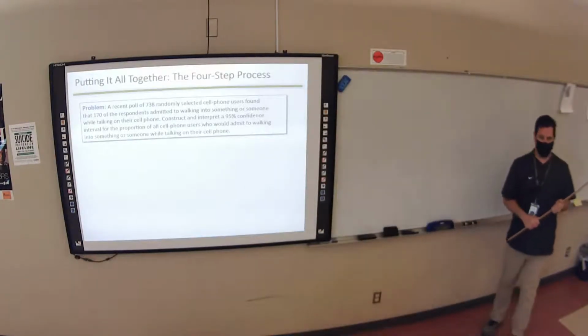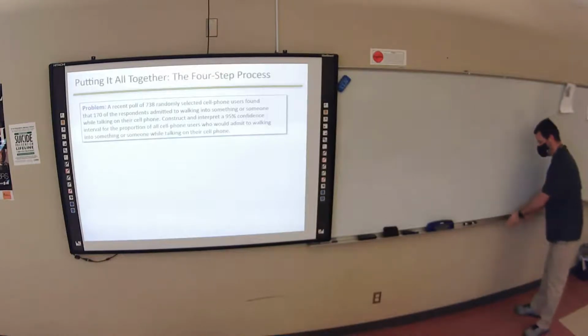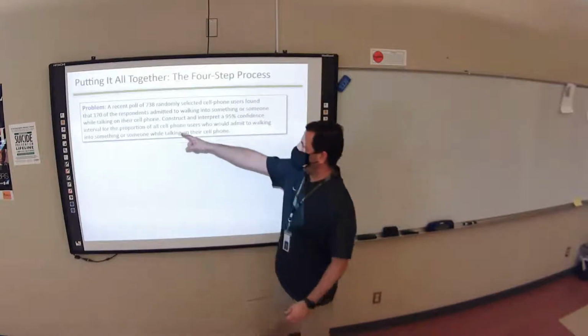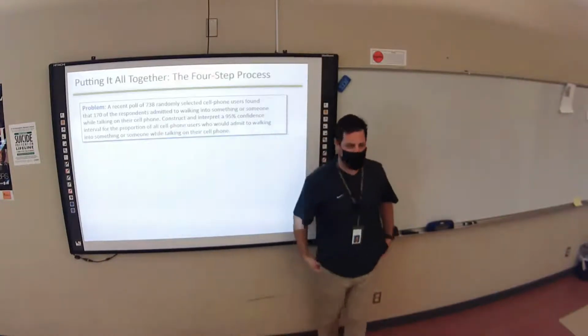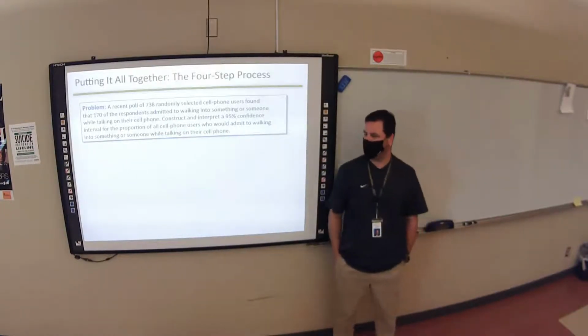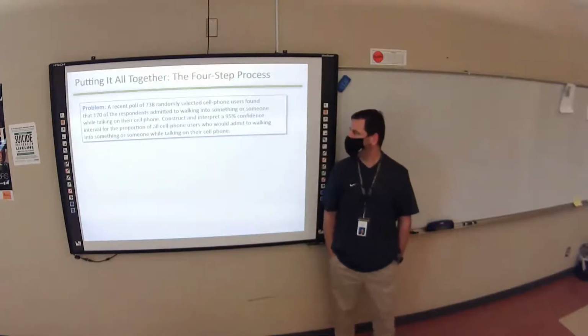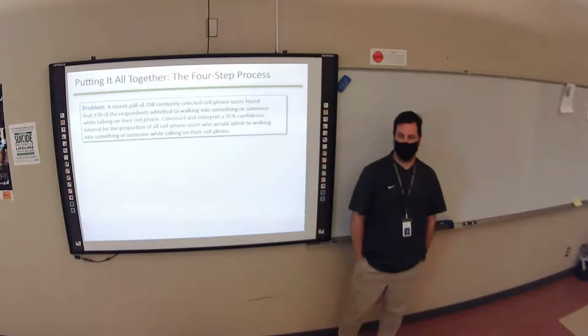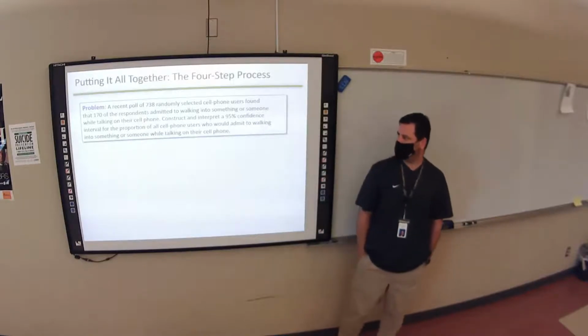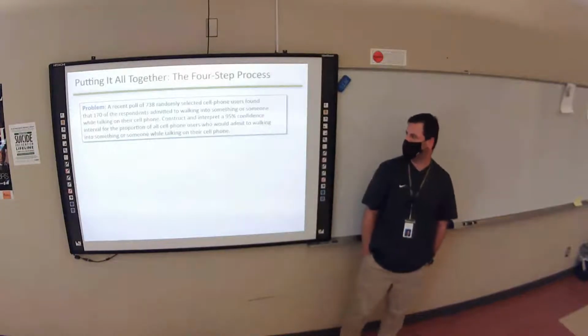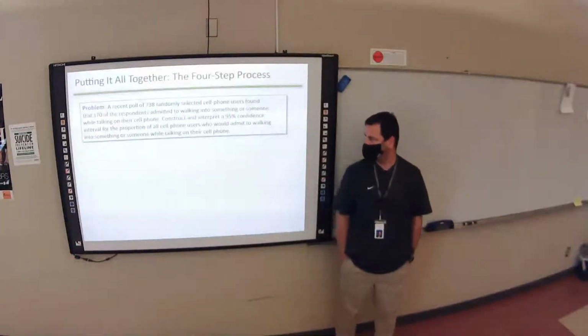All right, you ready? Let's see if we can do one of these. A recent poll of 738 randomly selected cell phone users found that 170 of them admitted to walking into something or someone while talking on their cell phone.